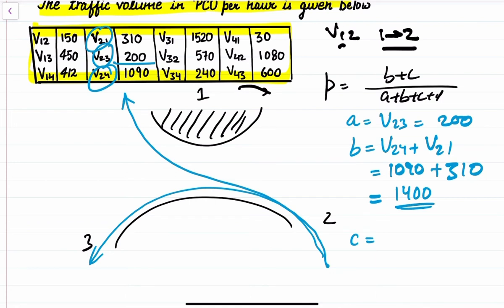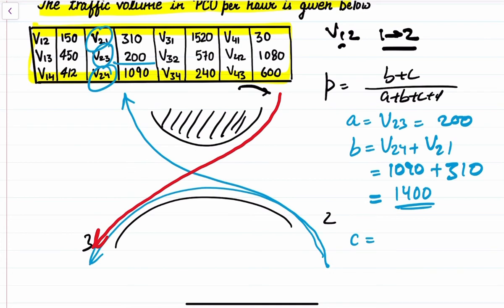Now C. C is all the vehicles coming from the other legs and going to 3. In this case, the other leg can be 4 or it can be 1.